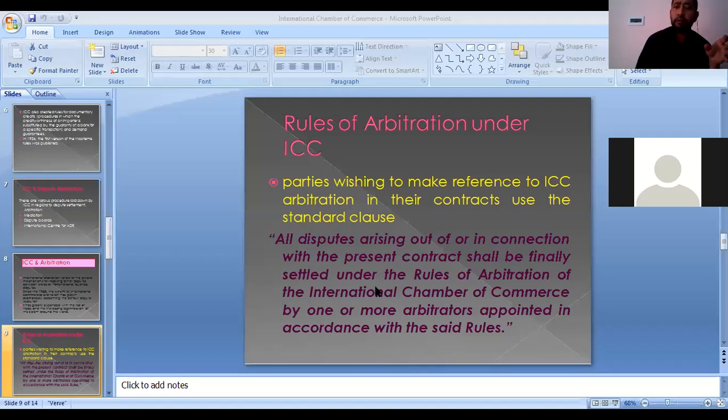If a person dealing with international trade wants that a dispute between him and the other party should be resolved by the ICC through arbitration, then that person has to put this clause in his contract.